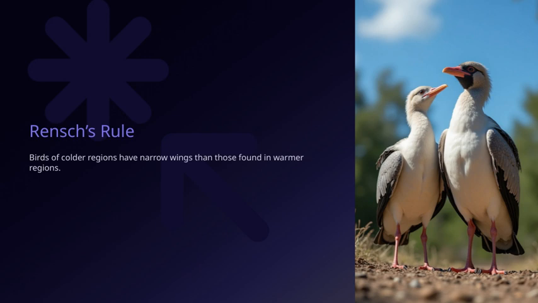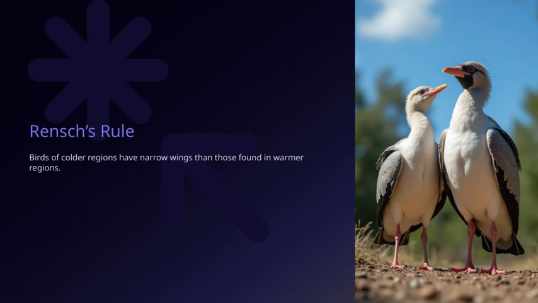Now, this variation in wing shape ties into a broader concept known as Rensch's rule. Rensch's rule describes how size differences between species tend to change with body size, often reflecting environmental pressures. In this context, it highlights how different ecological conditions, like temperature, influence physical traits such as wing width.